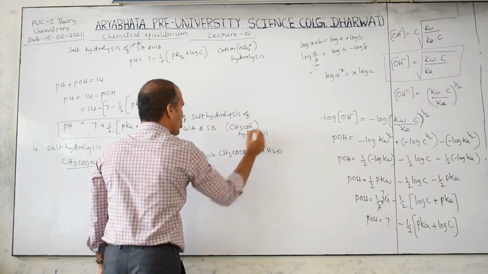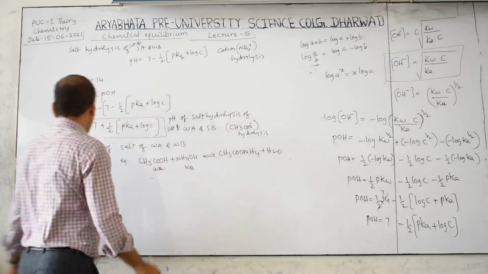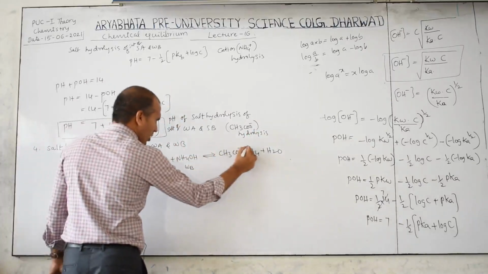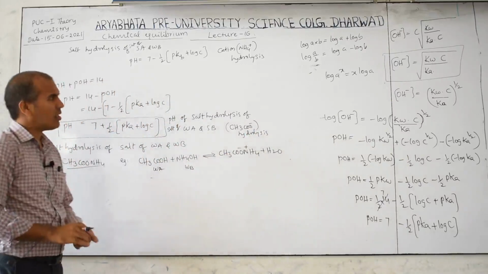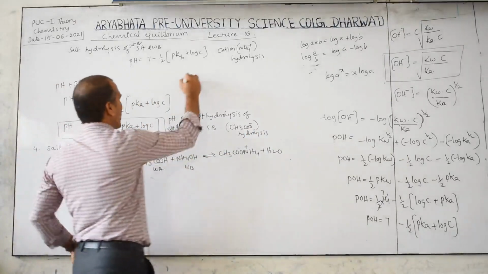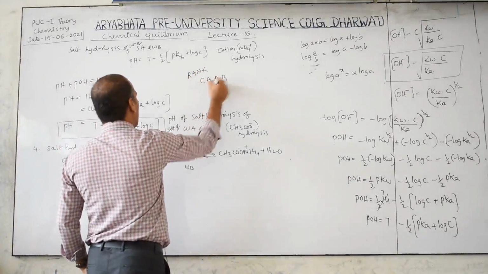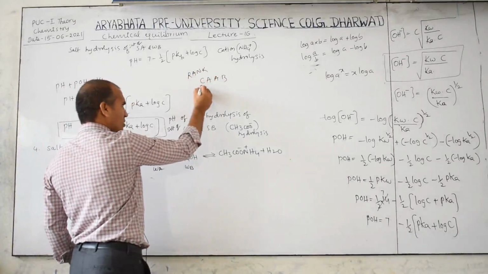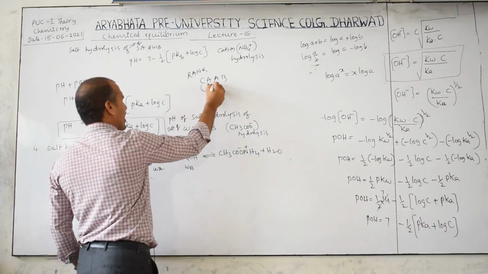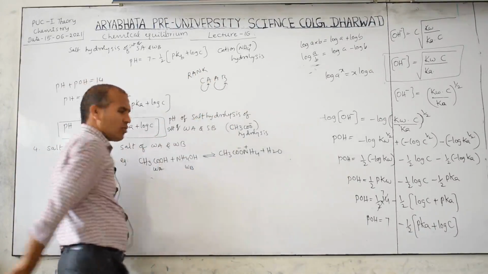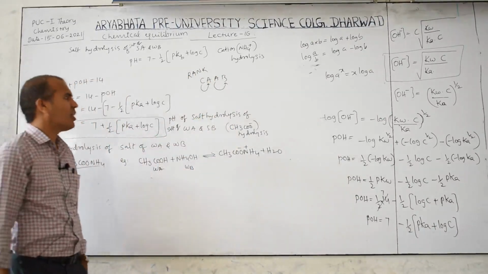Here both are there: CH3COO minus is there, and NH4 plus is also there. So I already told you the one-rank shortcut. What is that? CAAB. Cation hydrolysis gives acidic, anion hydrolysis gives basic solution. If you remember like this, then you can easily answer.